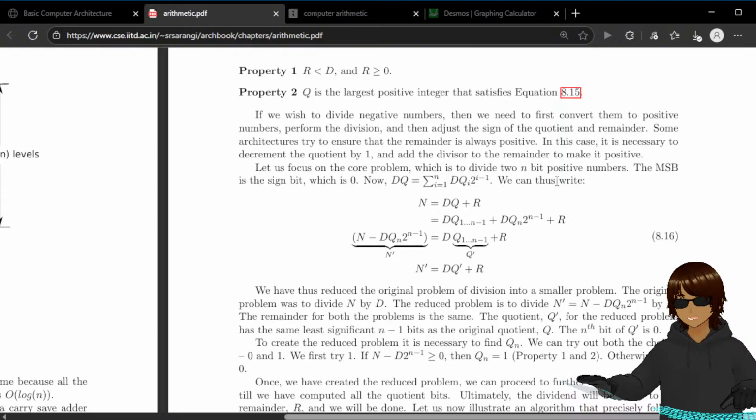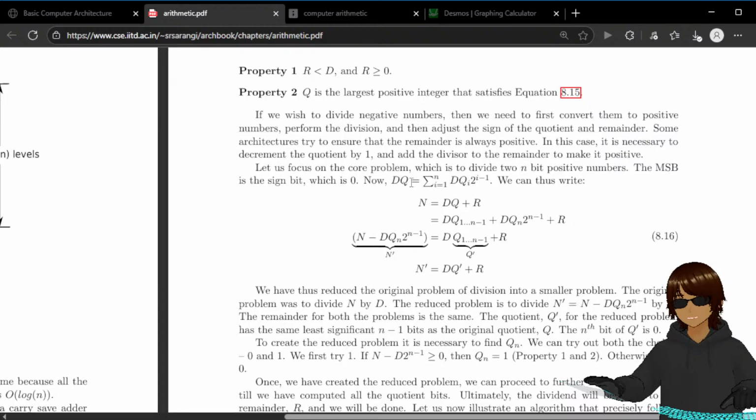We can thus write n is equal to dq plus r, which is the sum of dq_i from 1 to n minus 1, plus dq_n times 2 to the power of n minus 1, plus r.